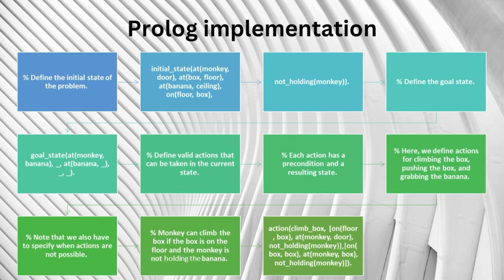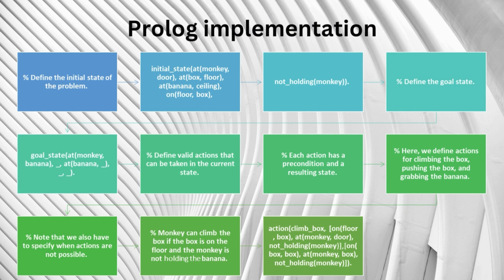Next step is to define the goal state. Goal state: monkey, comma, banana, comma, at, then in brackets banana, comma, empty, then close the brackets.